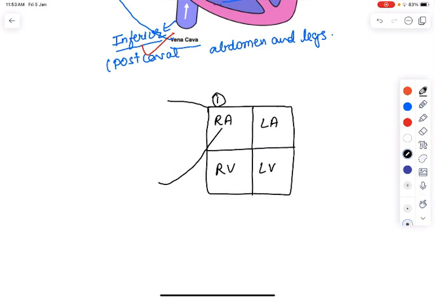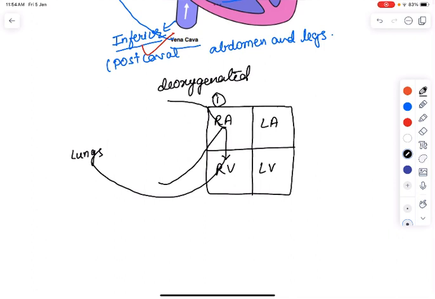Now from the right auricle, the blood will move to the right ventricle. From here, the blood will flow to the lungs. Lungs में जाएगा, and this is deoxygenated blood.